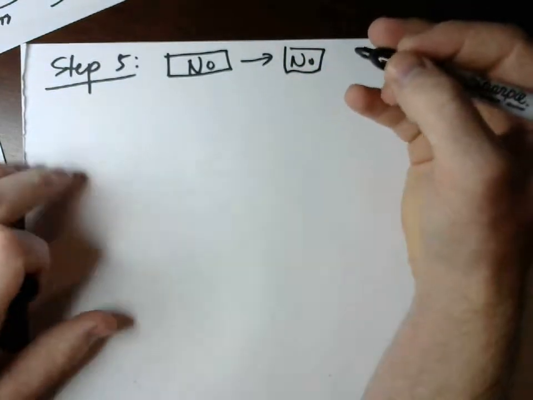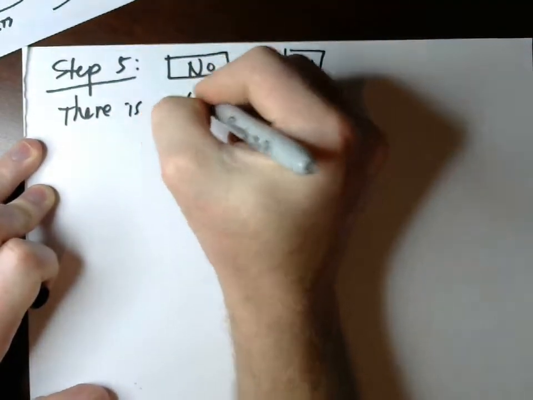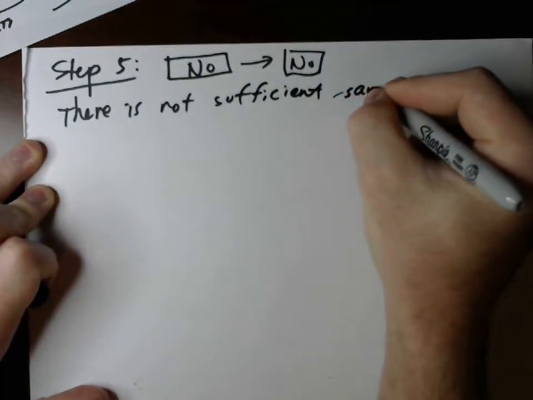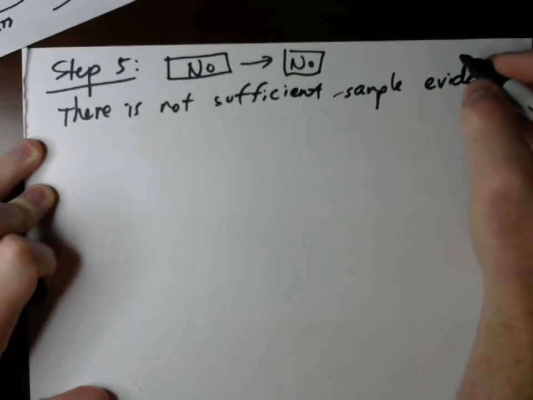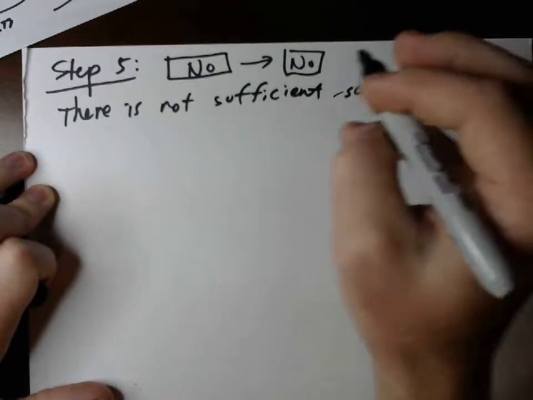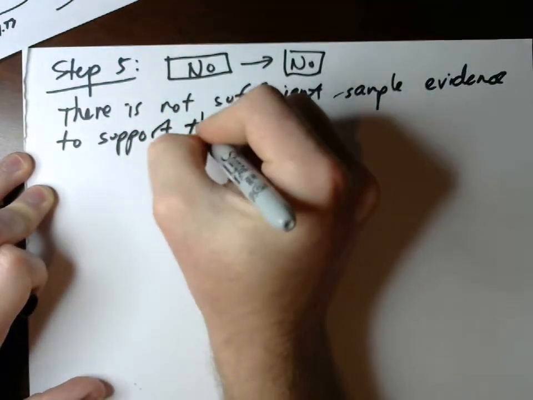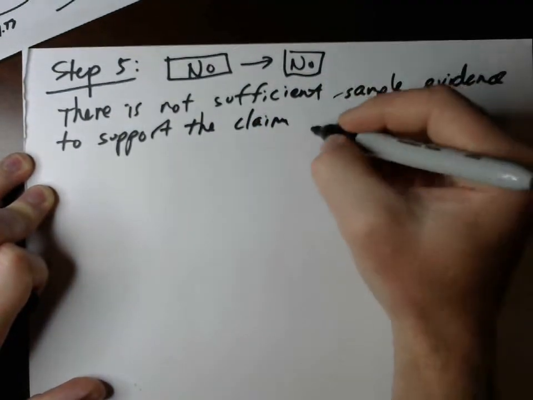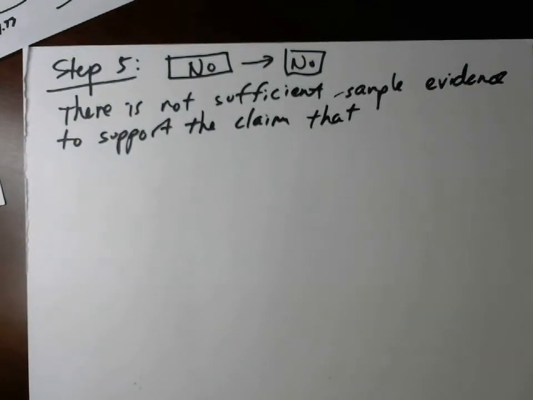There is not sufficient sample evidence to support the claim that, and we want the original claim in there. As you can see, we would just copy and paste where it makes sense.